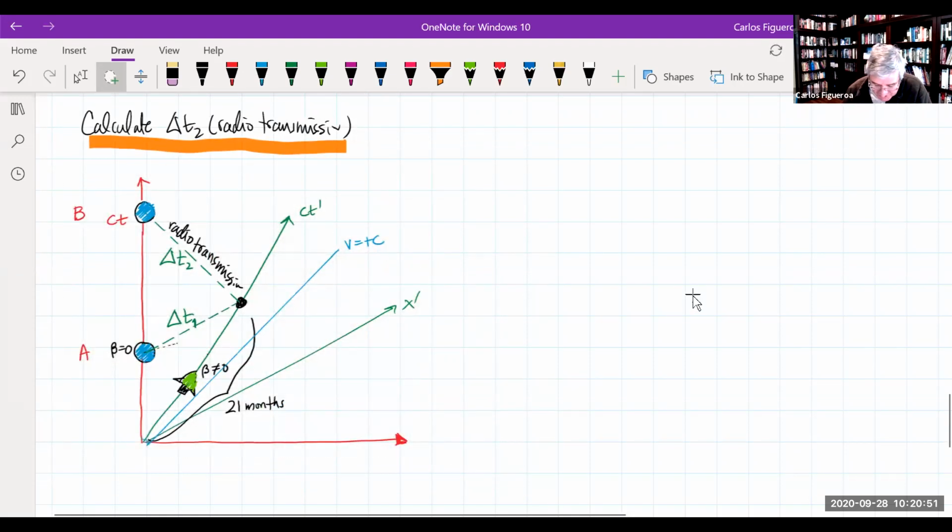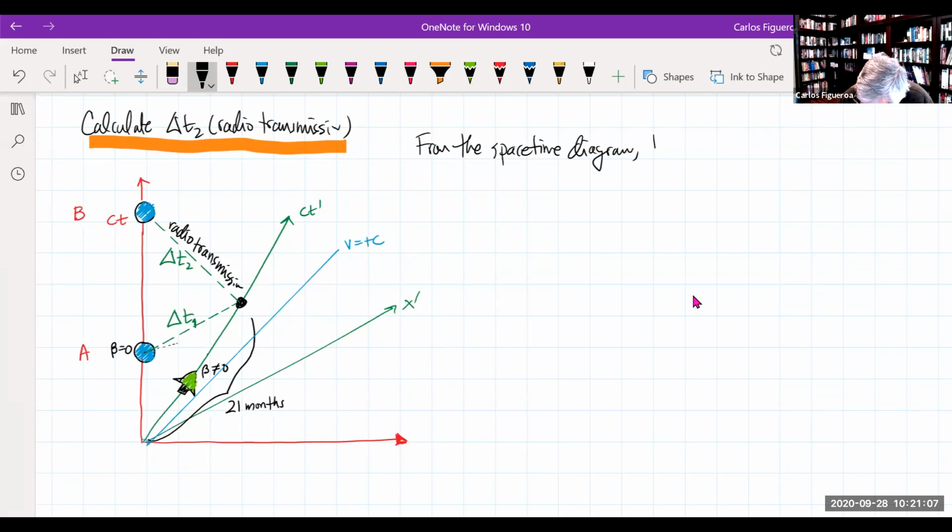And what you're seeing here is this. From the space-time diagram, the Earth has moved through both space and time.